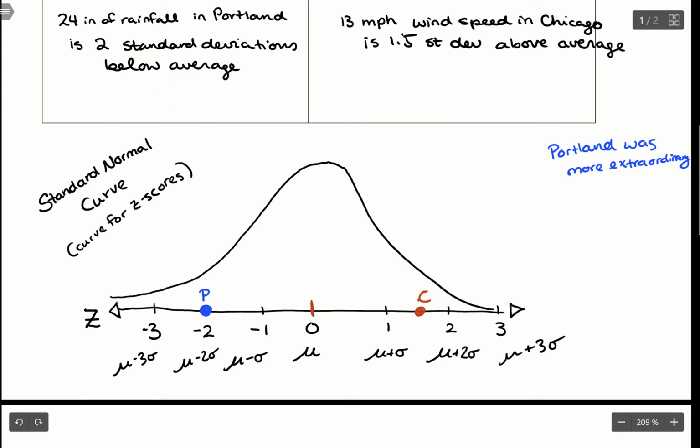And this curve for z-scores always has a mean of 0, and the standard deviations that we're moving by are 1. So it's this curve that's normally distributed, mean of 0, standard deviation of 1, which when we started up GeoGebra, this is the curve they start with. And it's a standard normal curve of z-scores.